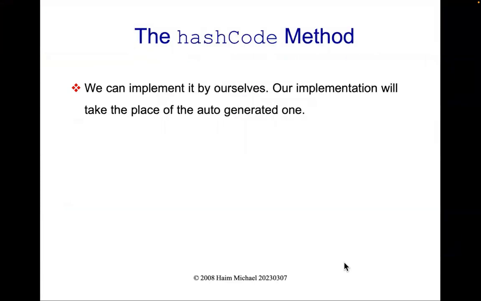The auto-generated hash code, toString, and equals methods, we can still define them by ourselves if we want. Usually, I don't see a need for redefining equals and hash code. Usually what we get is enough.